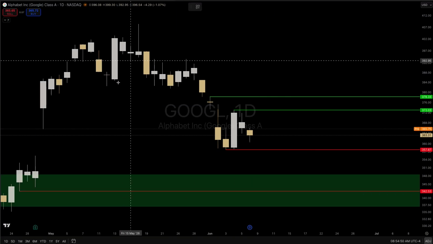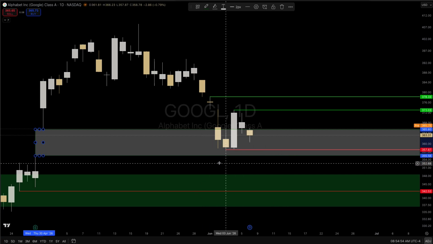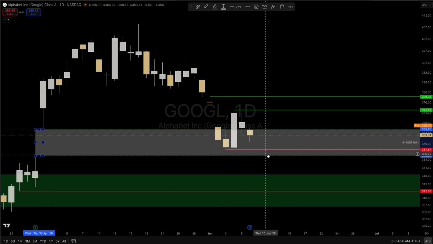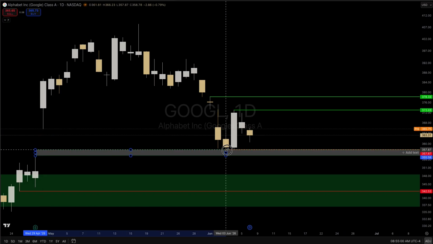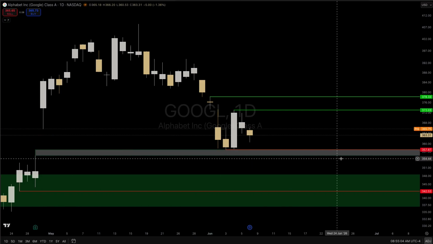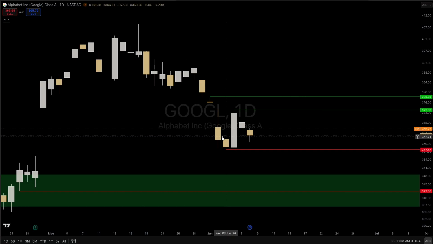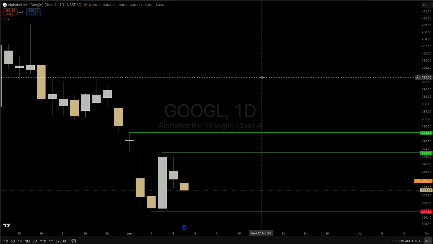And this was the gap we were trying to fill here, right? The price was trying to fill the gap here. Now we still have a little bit of gap left if you just mark this low. So the price can come back to fill up this gap, or we can just see a good continuation towards the upside.